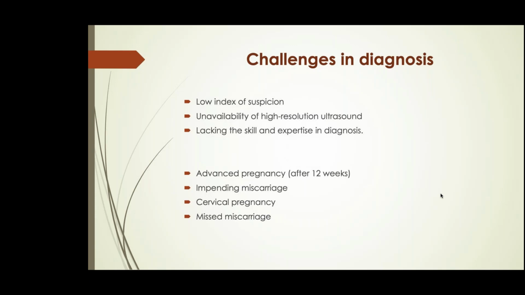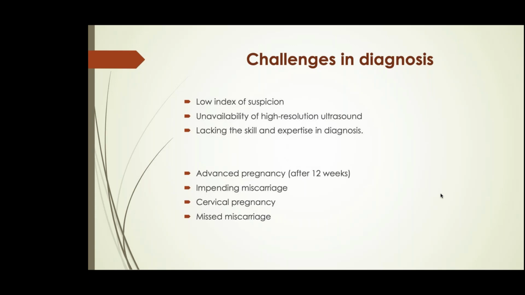The same applies for ectopic pregnancy. You will not diagnose ectopic pregnancy unless you think about ectopic pregnancy. So if you have a low index of suspicion, you might not diagnose cesarean section scar pregnancy. Next, unavailability of high resolution ultrasound. It's not just seeing the fetal heart and the crown rump length and that's it.